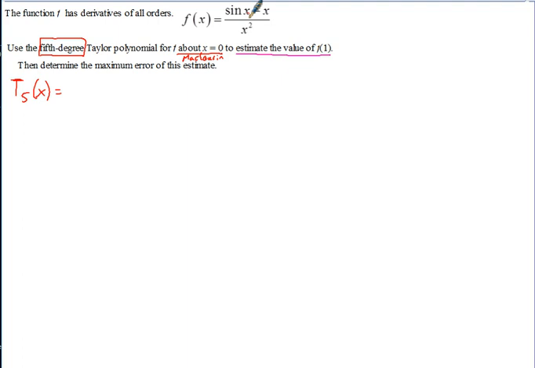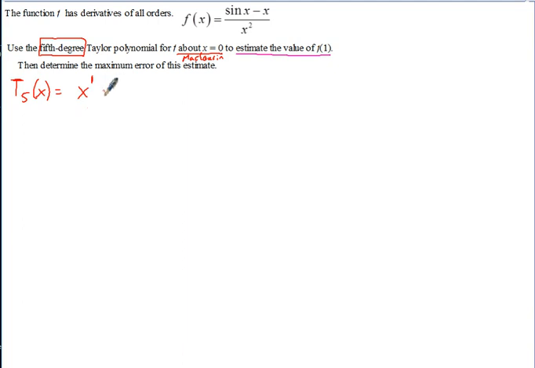So in its series, it has all the odd exponents, starting with x to the first over 1 factorial, which we don't need.